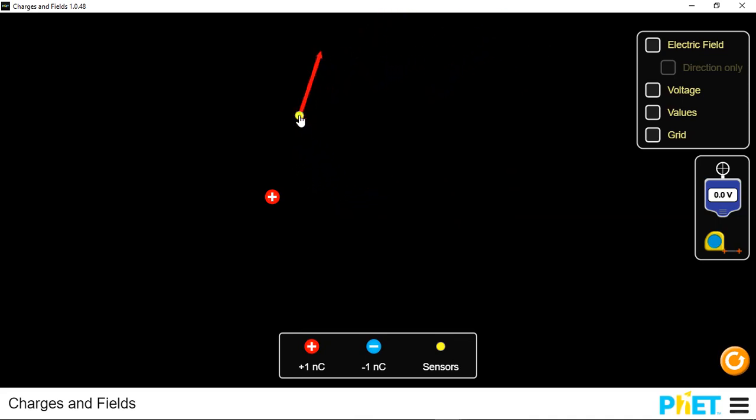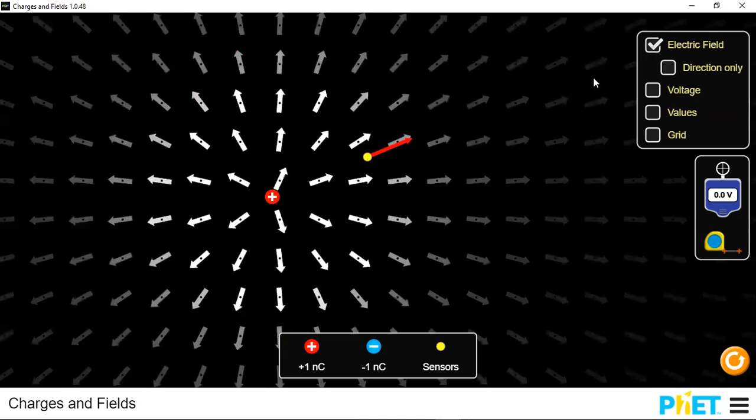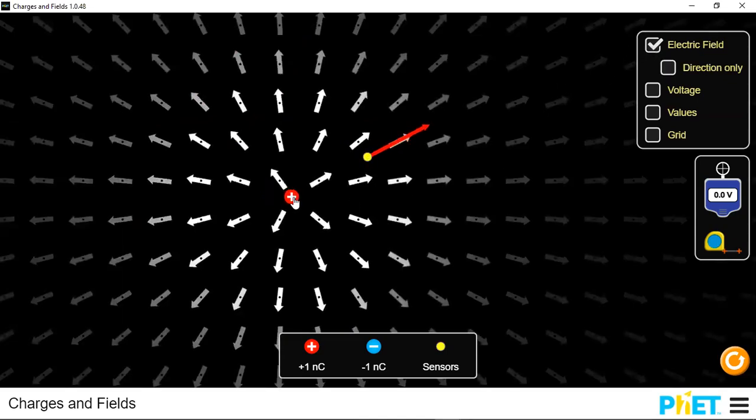And by moving this around, we could actually almost draw a map of the electric field, because the electric field simply shows the direction of the force which would be experienced by a charged particle. If we mapped all those positions, we could then draw in an electric field and say, right, around this charged particle here, we've got an electric field like this.